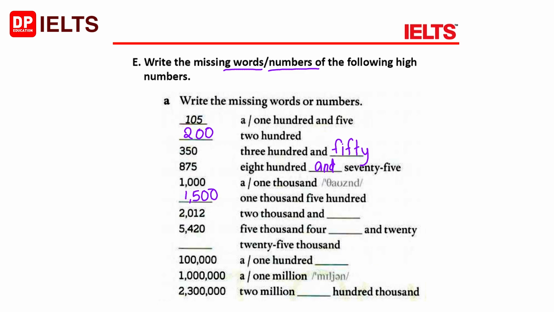It's nice to separate it 3 by 3 so it's easy for you, right? 2,012, 5,400, 25,000, 100,000, 2,300,000.